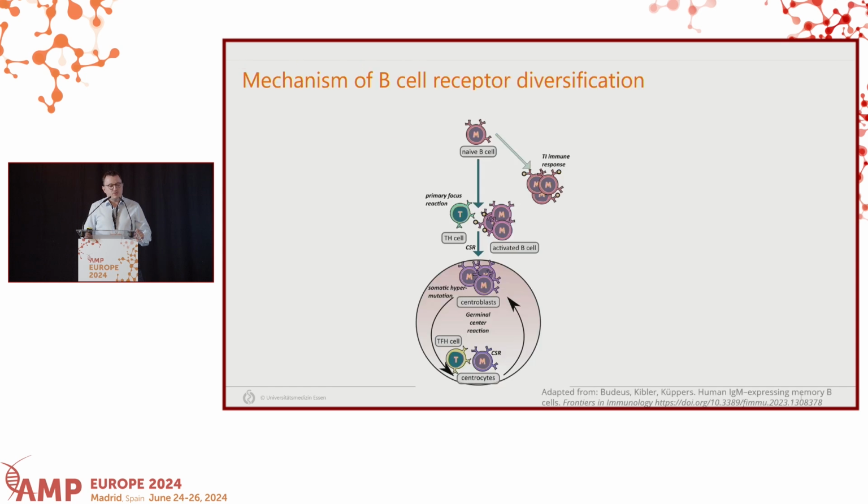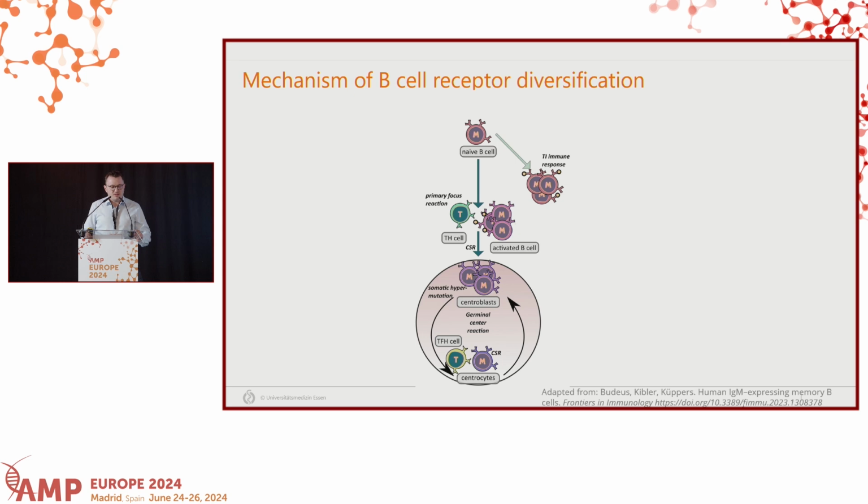And next you need to know, after the B cell is generated, so after the B cell generates its B cell receptor in the VDJ recombination, upon activation of a naive B cell, there are several additional pathways which can contribute to higher diversity of the B cell receptor repertoire.